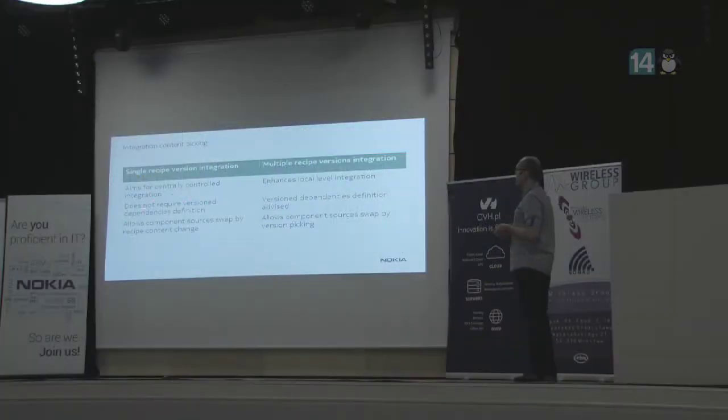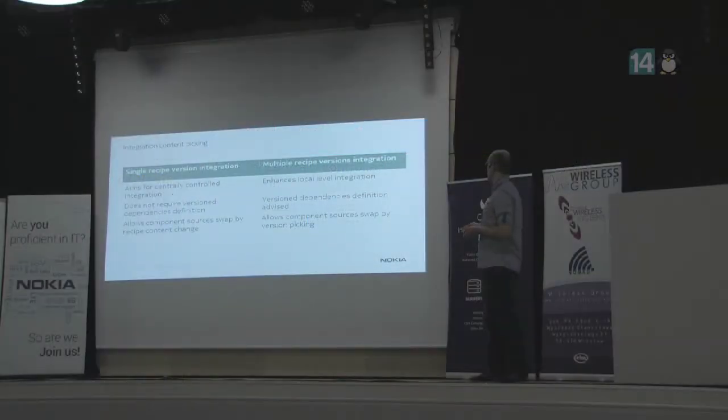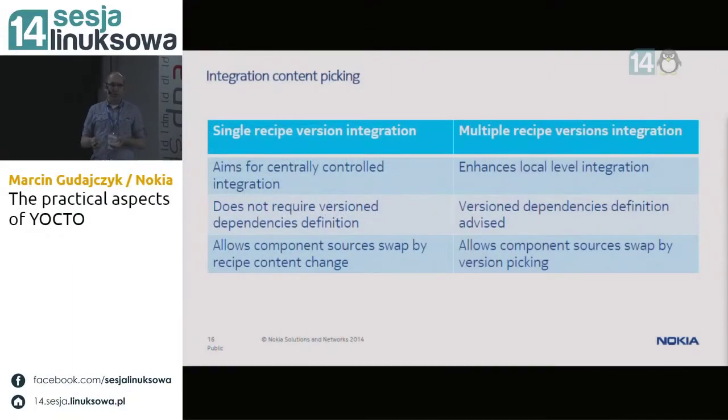The approach with the single recipe does not require the version dependencies to be defined, right? We usually have only one recipe in the repository, so we always use this one particular version. And as I mentioned, in the solution with multiple version recipes, it's actually advised to define the versions in the dependencies, right?